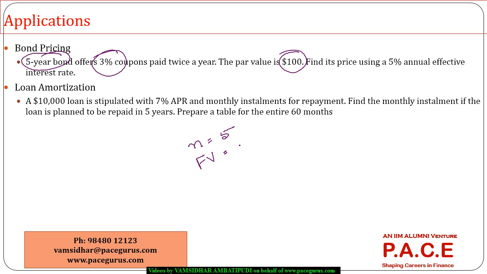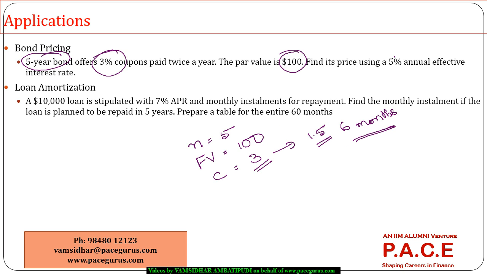The final value is going to be 100 for this particular bond, right? The coupon is 3% of that, which is 3. But this 3 is paid twice a year, which means 1.5 is paid every 6 months. So the coupon is quoted as an annual coupon, but it is paid every 6 months, which tells me that it is 1.5 every period.